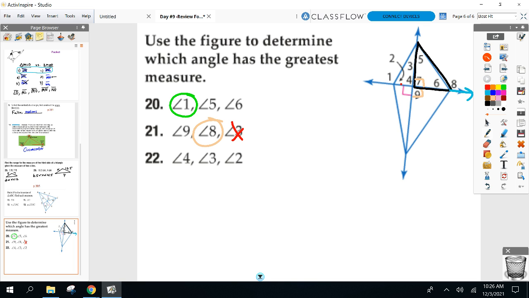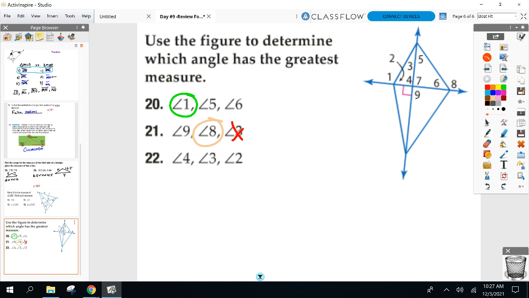And then the final one, 4, 3, 2. Got a guess? 4, 3, or 2?